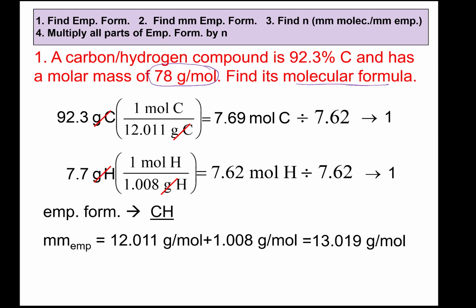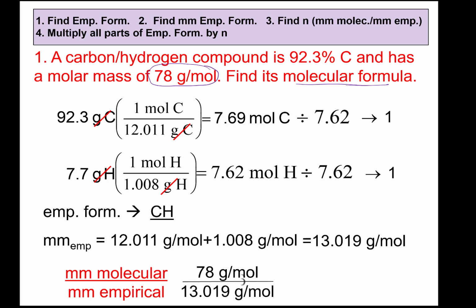So when you're finding N, always remember it's the bigger number over the smaller number because I told you it cannot be less than 1. So this is N. So it's 6, so that means we multiply all the parts of our empirical formula by 6. So the molecular formula is C6H6.